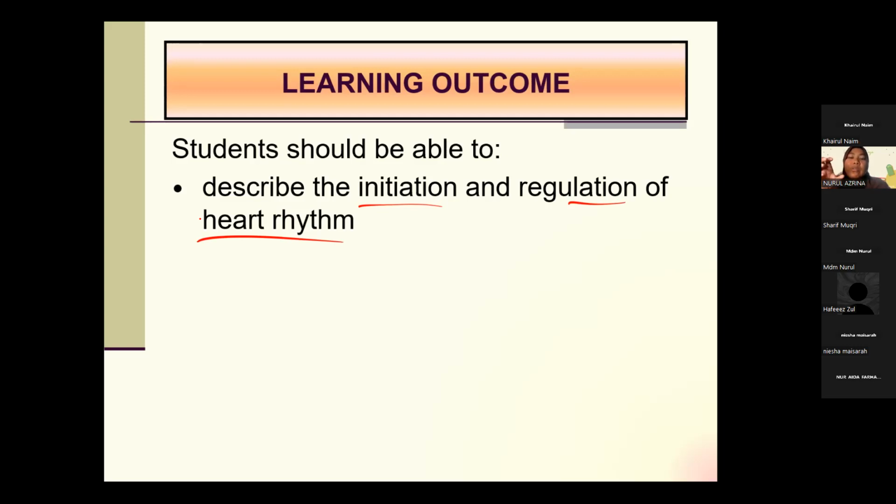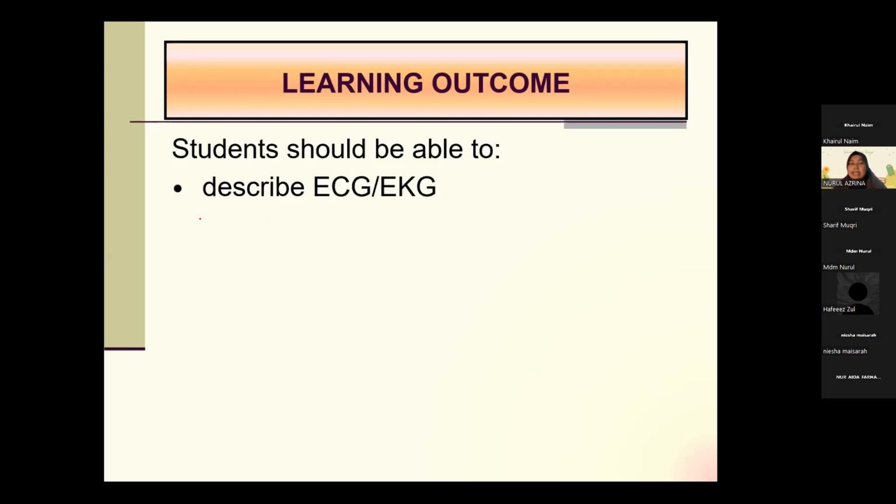And then how the heart rhythm can be regulated. Kita punya detak jantung tu biasa macam gini, kadang-kadang dia boleh jadi. Alright, so regulation of heart rhythm. Okay. Okay, and next is basics about ECG or EKG. Okay.